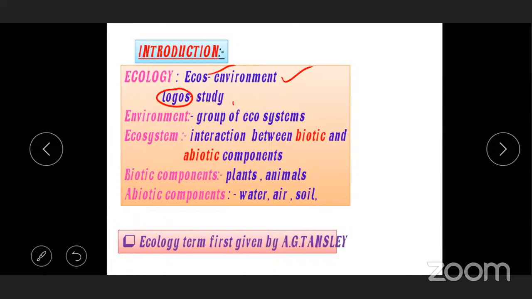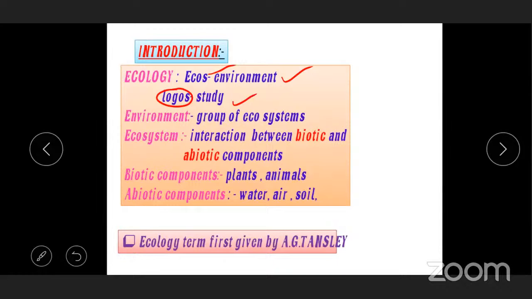Logos means study, which means study about environment or also ecosystems. So, what is ecology? The study about environment or ecosystems.